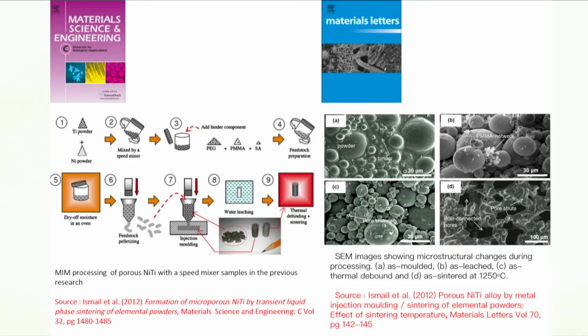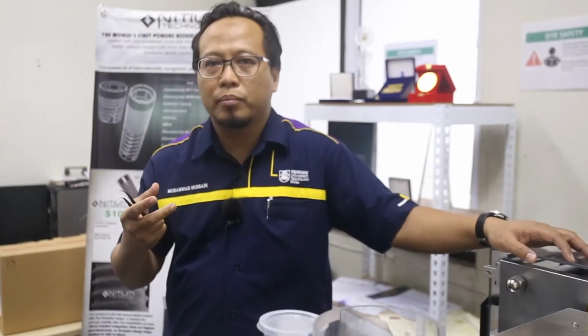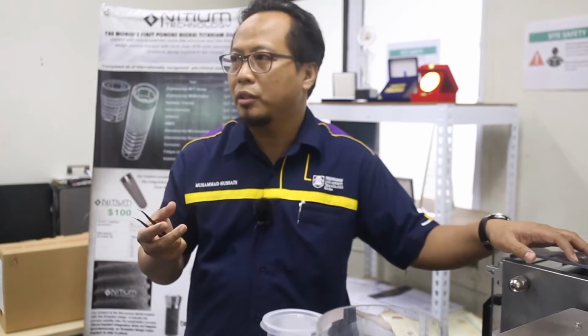After the injection molding, it proceeds with debinding by water leaching, followed by the sintering process at high temperature in a vacuum atmosphere. The alloying occurs during sintering, where the nickel and titanium become nickel titanium, which exhibits the unique properties of shape memory and pseudoelasticity.